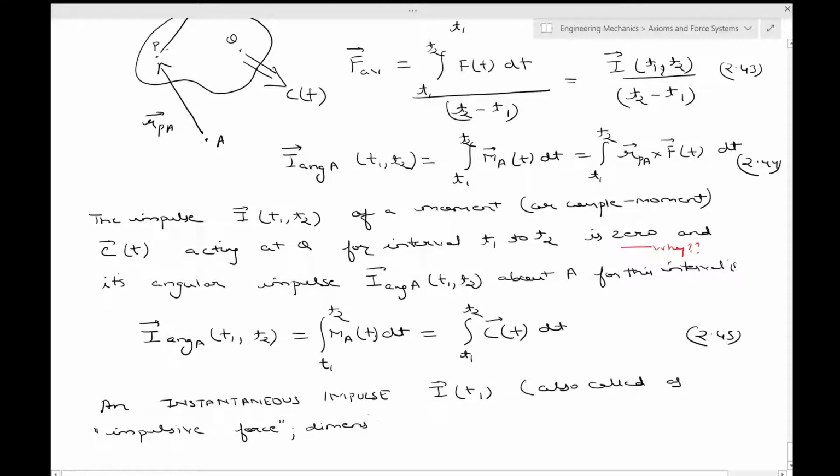That's something you should remember. So you should not confuse this impulsive force as some sort of a force.